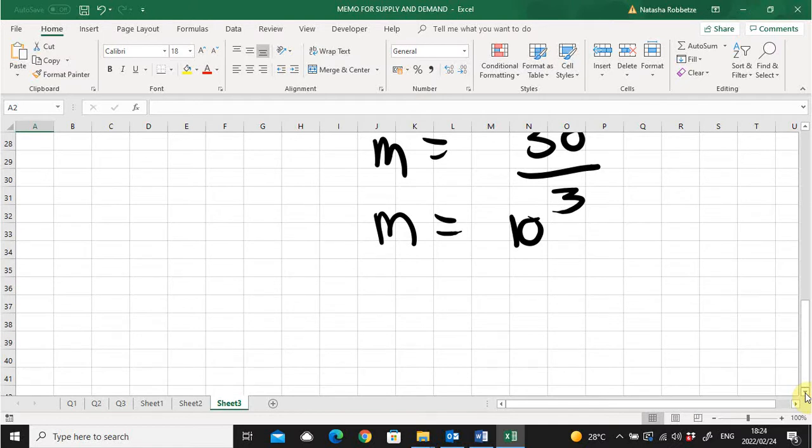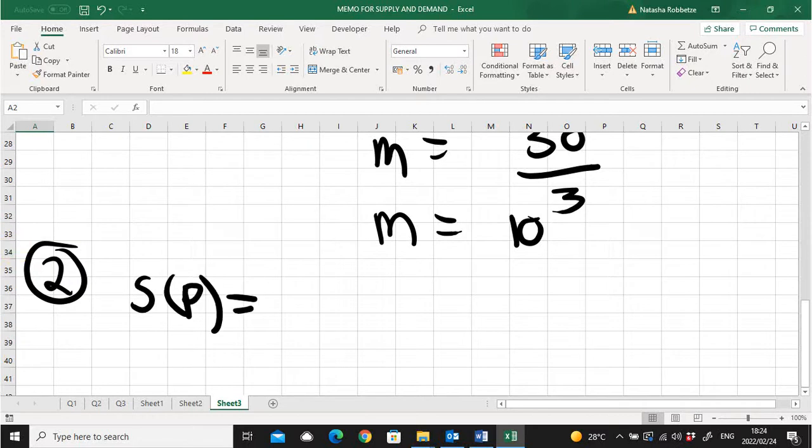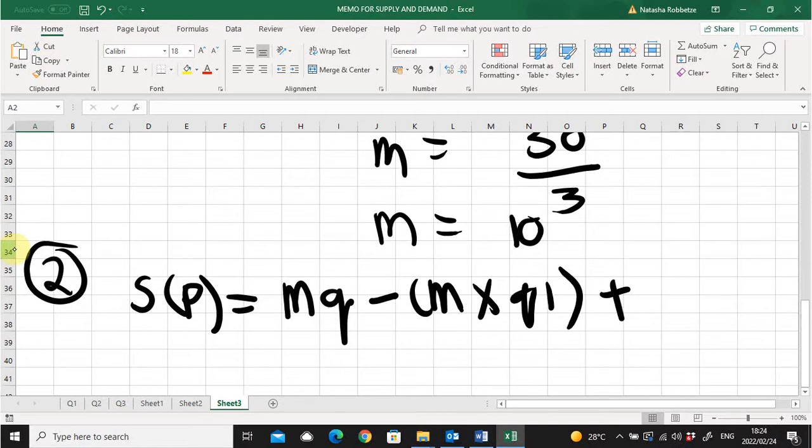Moving along to the second step is where we need to fill out the equation. And what is the equation? They're asking us for supply. So we're going to say the supply price is equal to MQ minus M times Q1 plus P1.